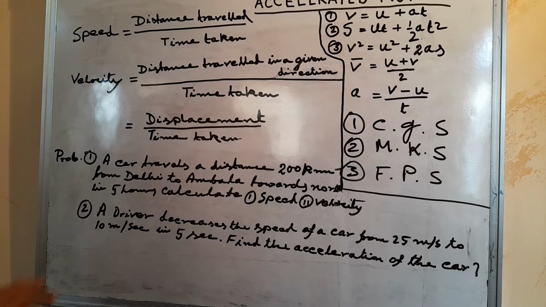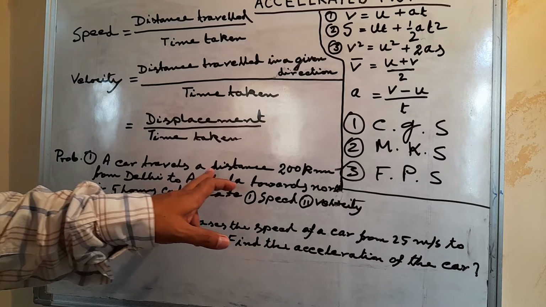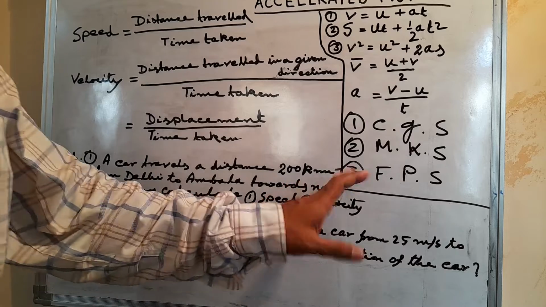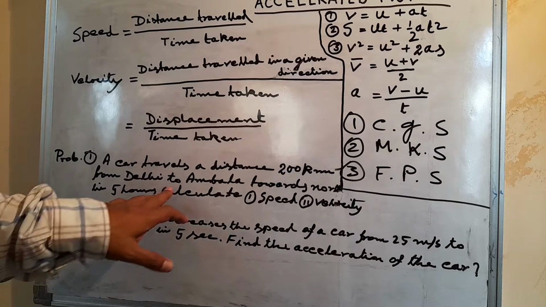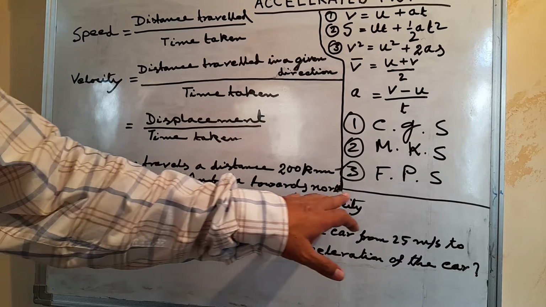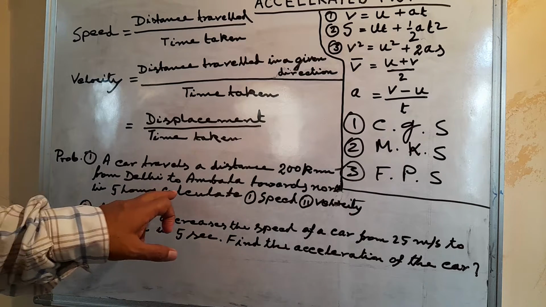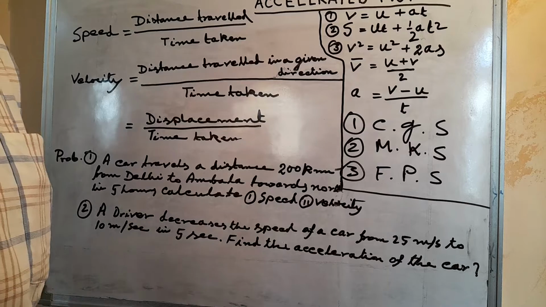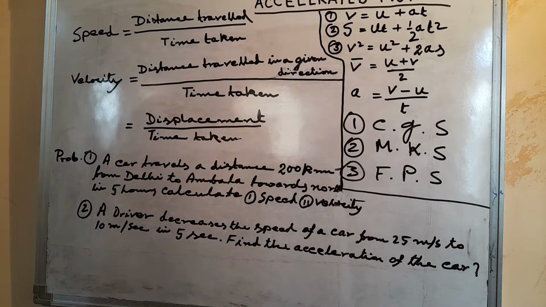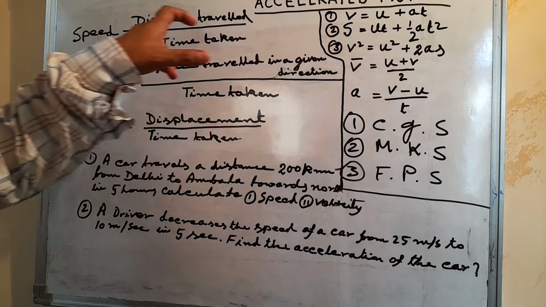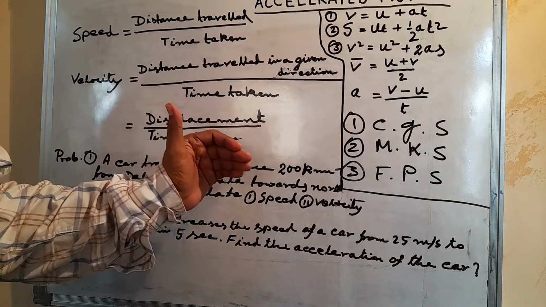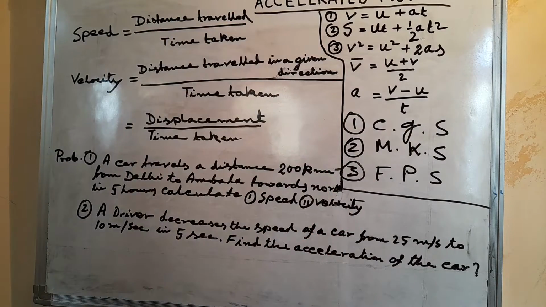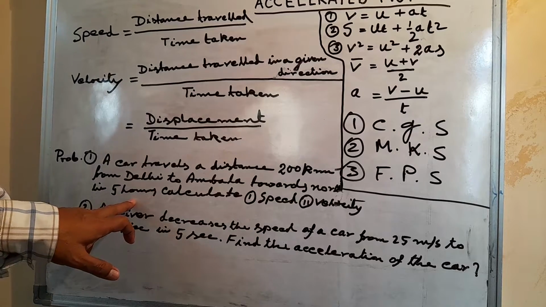First, a car travels a distance of 200 km from Delhi to Ambala towards north in 5 hours. Calculate speed and velocity. We know speed is the distance traveled divided by time taken. Here the distance covered is 200 km and the time taken is 5 hours.